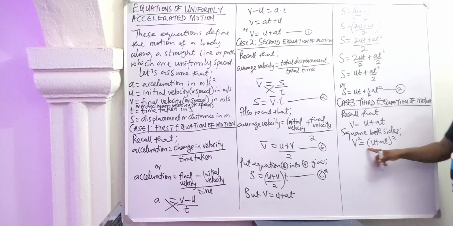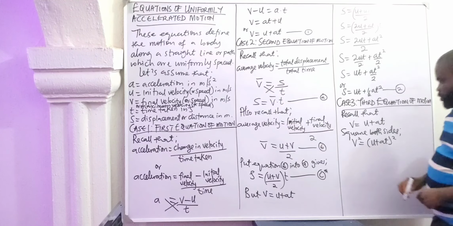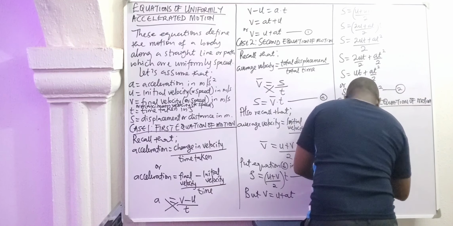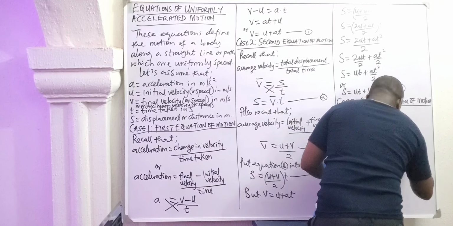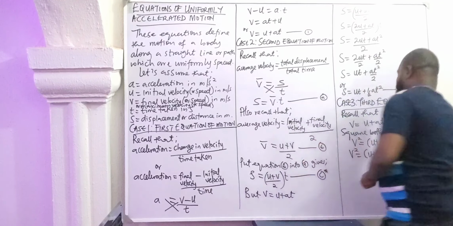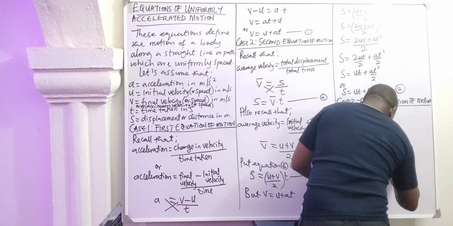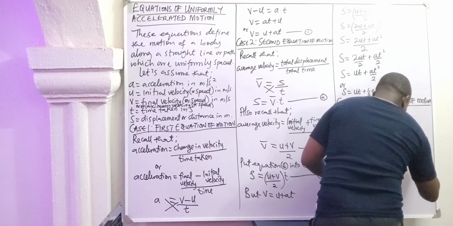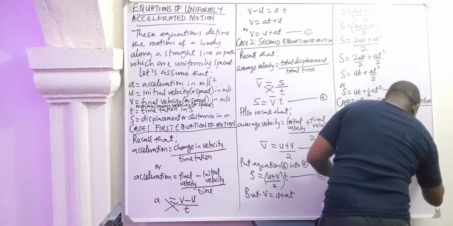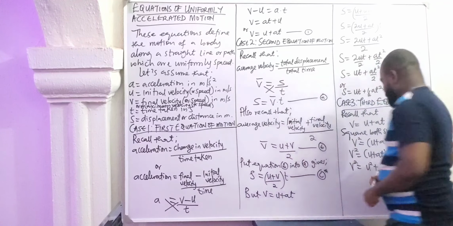So I have to expand this side of the equation. This will give me V square is equal to U plus AT bracket, another U plus AT bracket close. I can now expand this bracket. So that will give me U times U is U square, U times AT is UAT, AT times U is also UAT, then AT times AT gives you A square T square.